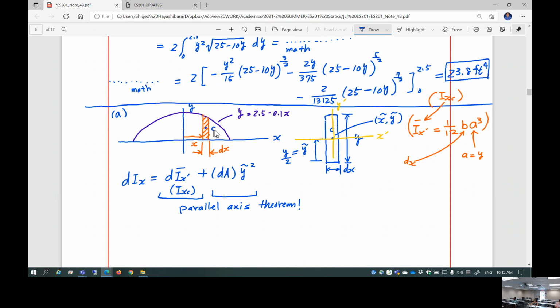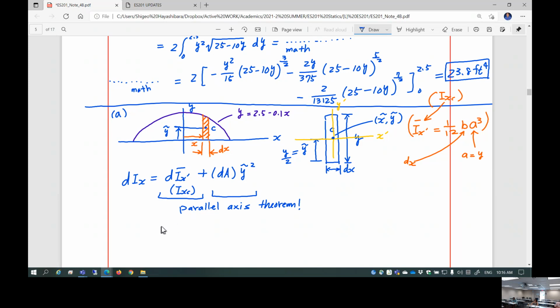Right here is the centroid, and this is distance y tilde away from the x coordinate axis. So this cross-section area is y tilde away from the x axis, and that's why you have to apply the parallel axis theorem at just about any location where you take the differential strip dx.